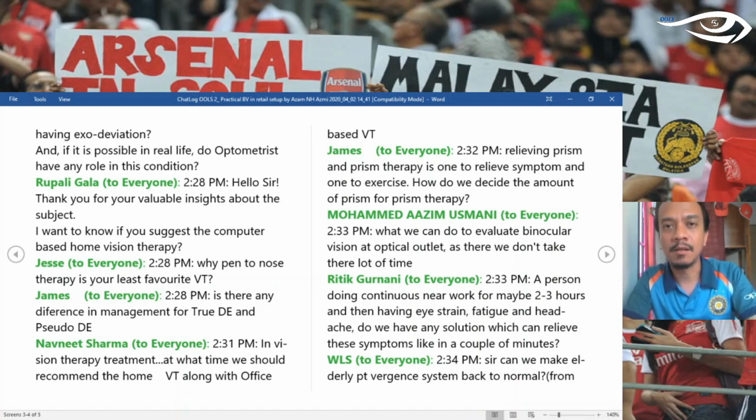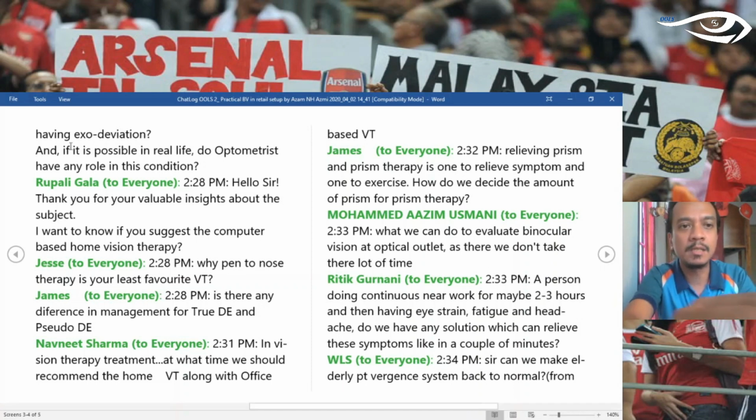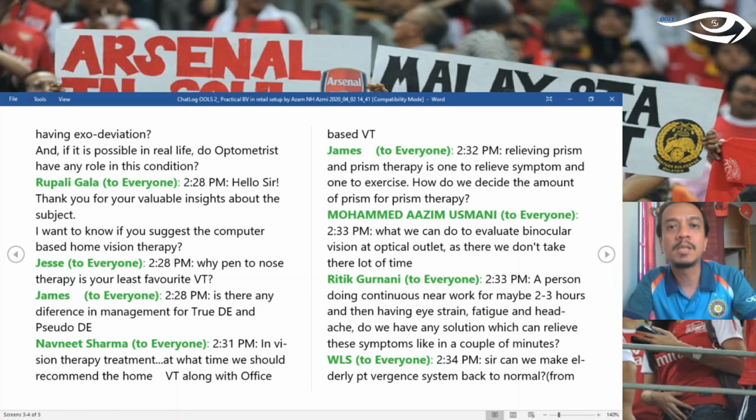That is known as relieving prism. However, if you want to train the eyes to do convergence, you need to prescribe base out prism. So how do we decide on the amount of base out prism for exo cases? There's no specific way to determine the amount of base out prism to be prescribed.